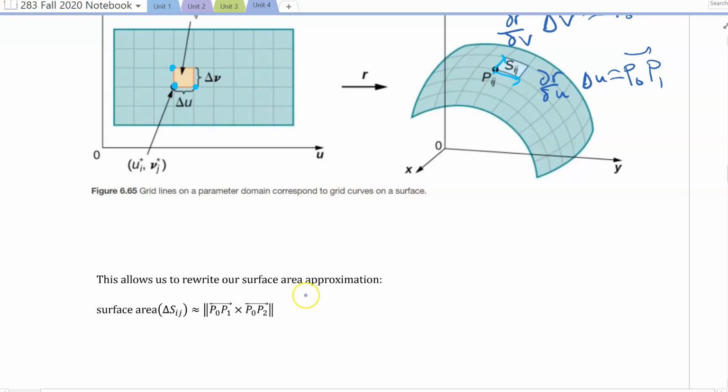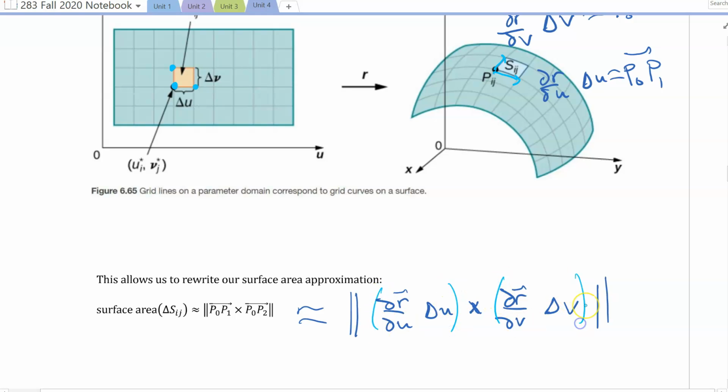Now, what we've just shown is that we can approximate these vectors: the first one, connecting P0 to P1, by the partial derivative of r with respect to u, that's a vector, times the scalar delta u, crossed with the vector approximating P sub 0 to P2, the partial derivative of r with respect to v times the scalar delta v.